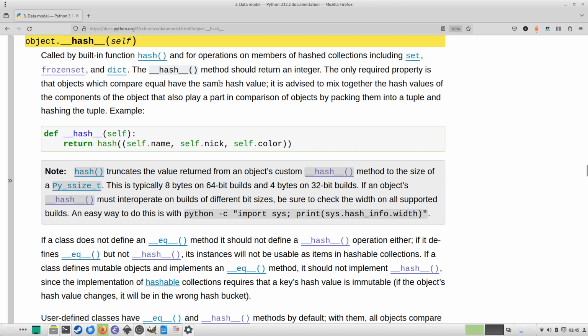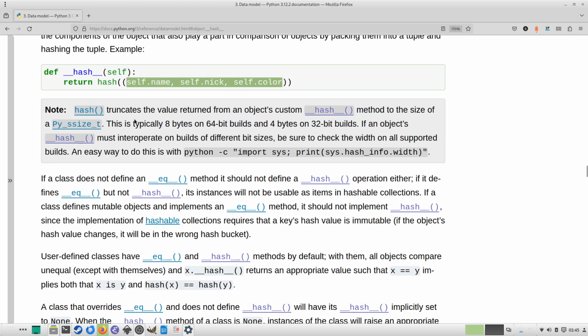The only required property is that objects which compare equal have the same hash value. It is advised to mix together the hash values of the components of the object that also play a part in comparison of objects by packing them into a tuple and hashing the tuple. For example, if you want to hash some object, then you should use all the parts, put them in a tuple and then hash the tuple. hash() truncates the value returned from an object's custom __hash__ method to the size of Py_ssize_t.